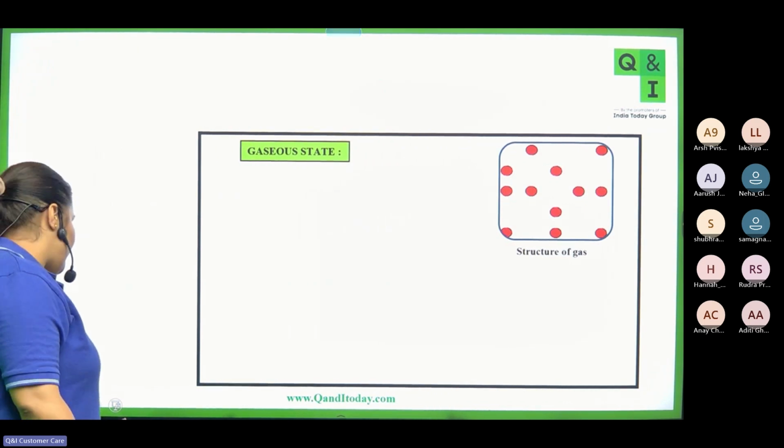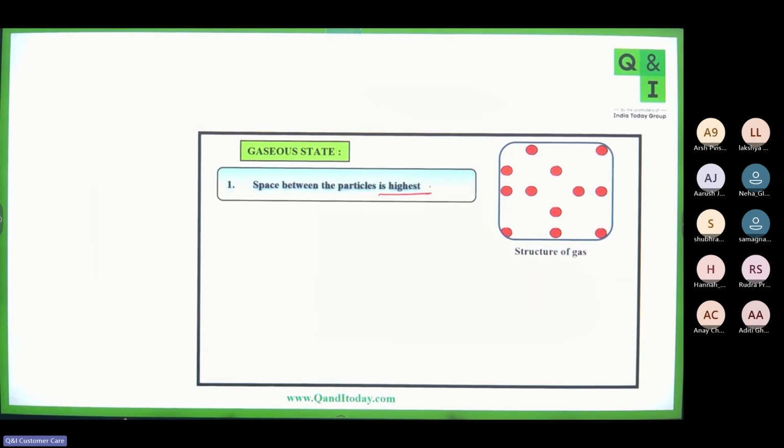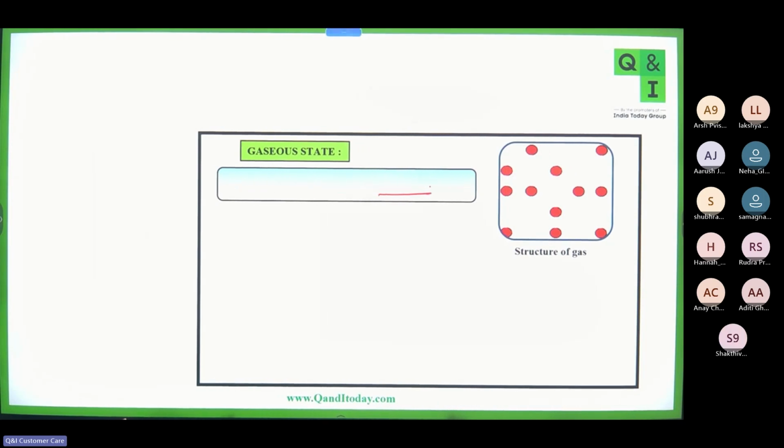The same way as we discussed liquids and solids, we will be discussing gases also. The gaseous particles are far apart from each other, they have large spaces between the particles. So interparticle spaces are the highest in case of gases. Interparticle forces of attraction will be least in case of gases.